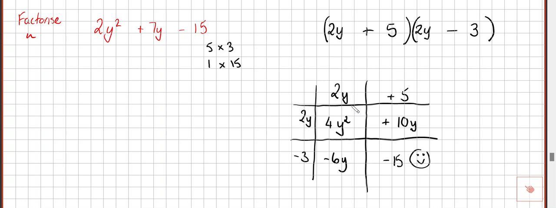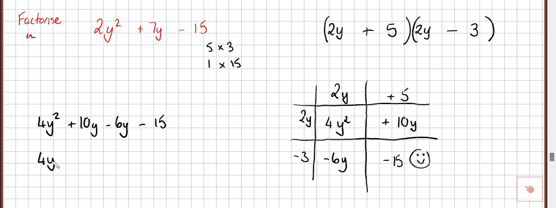Because 2 times 2 is 4. So now to write all this out, it would be 4y squared plus 10y minus 6y minus 15.